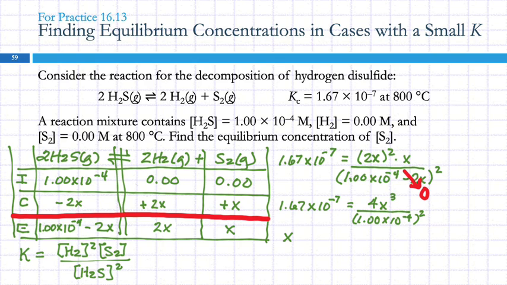So I'm just going to fast forward here. 1.67 times 10 to the minus 7 times 1.00 times 10 to the minus 4, the quantity squared. And that's divided by 4. And we take the cube root of that.